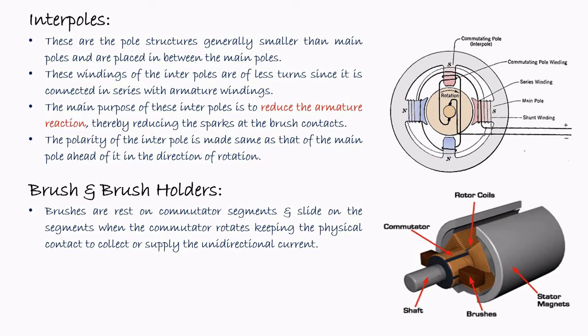But in case of a motor, the power is supplied from the external static circuit, and in case of a generator, the power will be supplied to the external static circuit. Therefore, there should be a connection between the rotating machine and the external static circuit, and brushes are that particular medium.